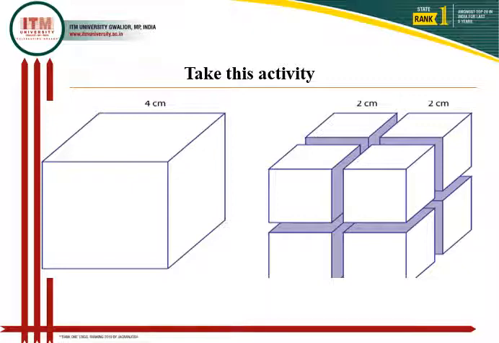Now these cubes have dimension 2 by 2 by 2. Now my question is, can we obtain the surface area of all cubes and the volume of all cubes?